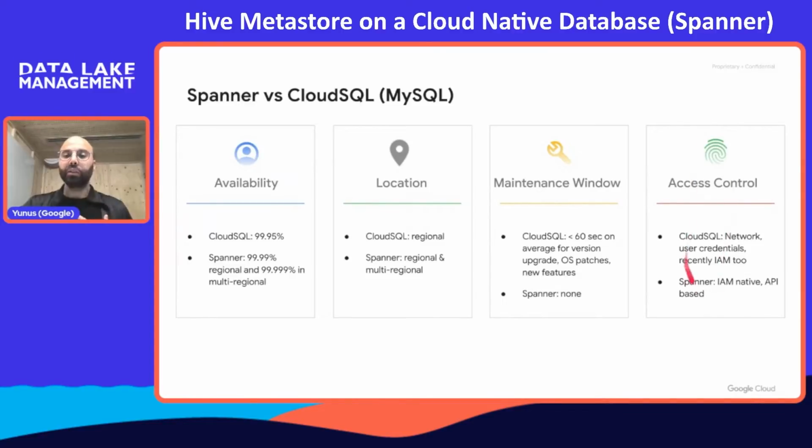If you use the Dataproc Metastore service, you don't see this at all, but in the backend, it makes our life easier to be IAM native and API based. So these are the motivations for us to go to Spanner from Cloud SQL.